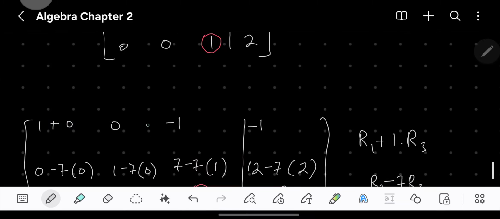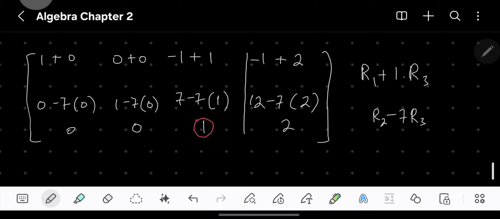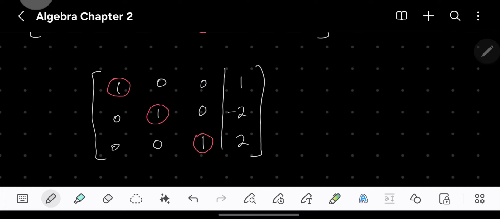So plus 0, plus 0, plus 1, plus 2. If I simplify this, I will end up with this matrix. And this is all about row reduced echelon form. The last step is pending. The last step is just to read the solution.